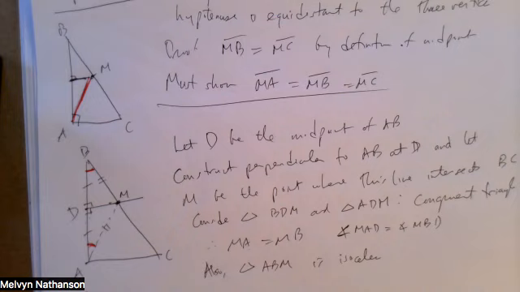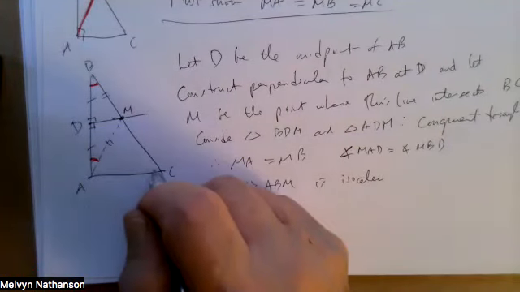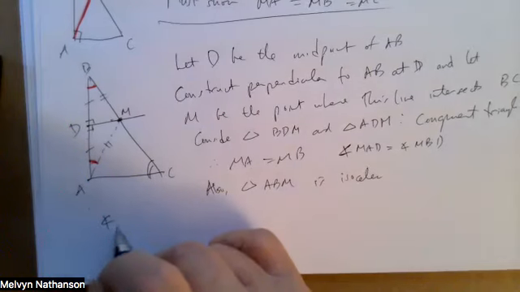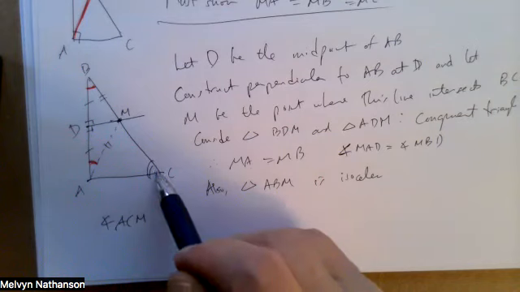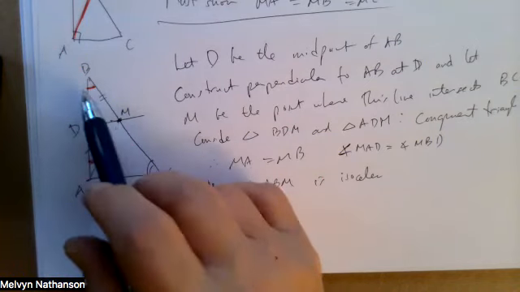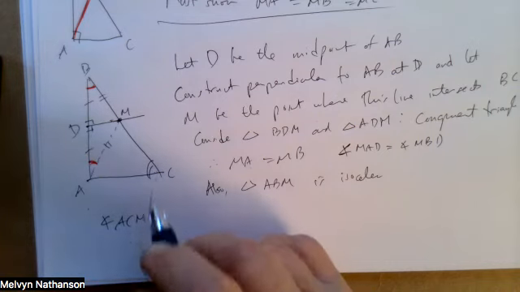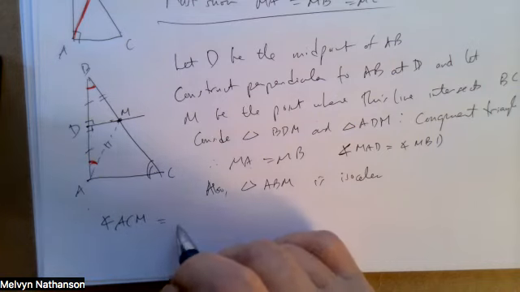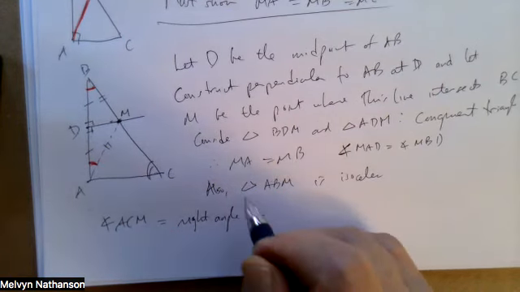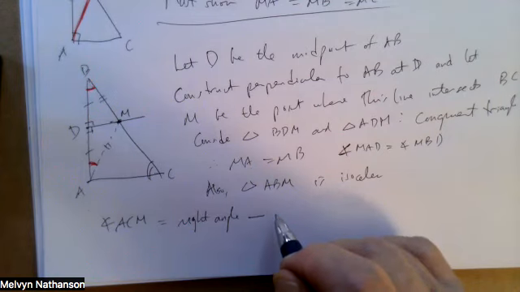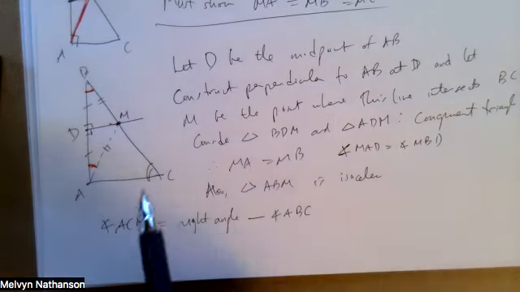We can do this at the next step in different ways, but let me just follow the way the text does it. Suppose I look at angle ACM. Angle ACM plus angle, that's angle B plus angle C, are the two acute angles of a right triangle, so they add up to a right angle. So angle ACM is equal to a right angle minus angle B, angle ABC.